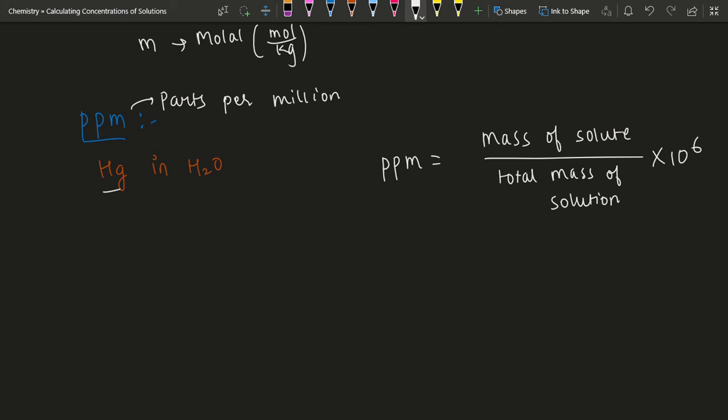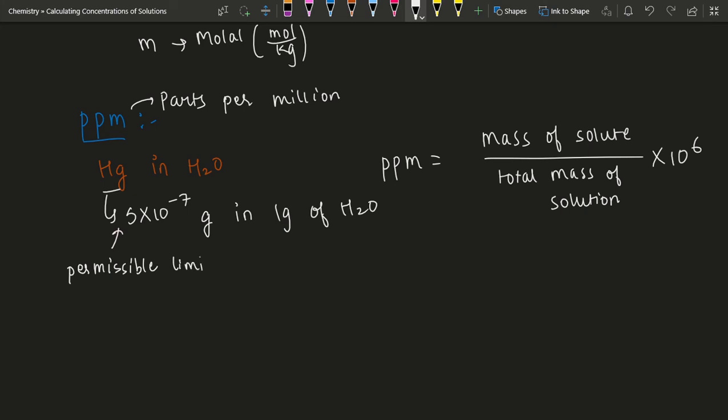The permissible limit in most countries is 5 times 10 to the power minus 7 grams Hg in 1 gram of water. This is the permissible limit for Hg in drinking water.